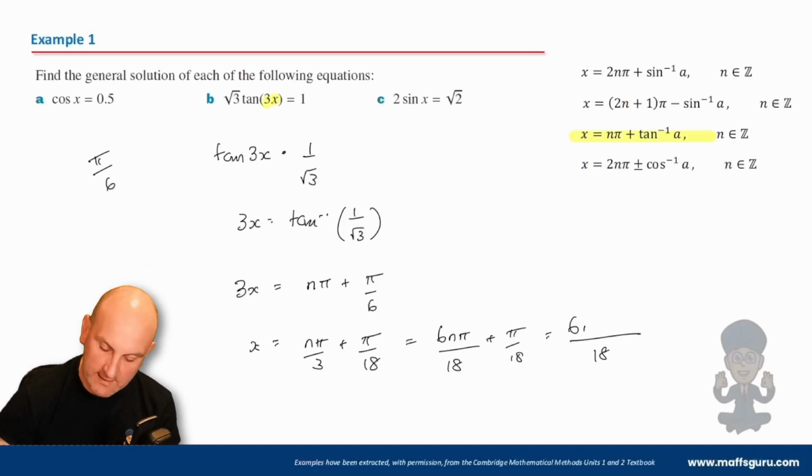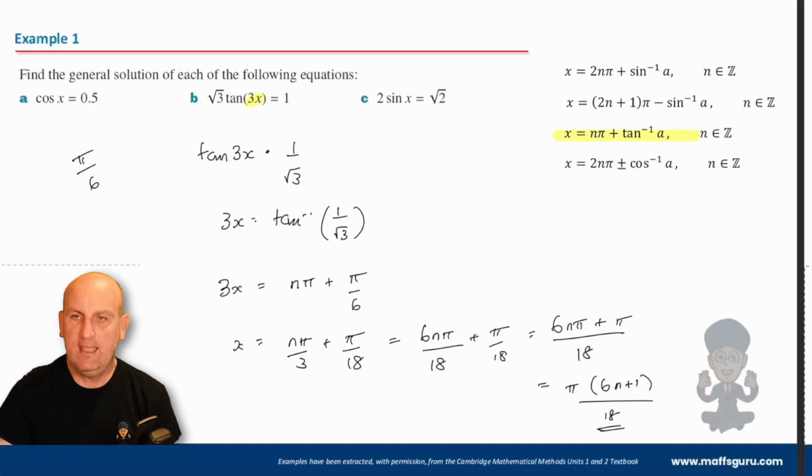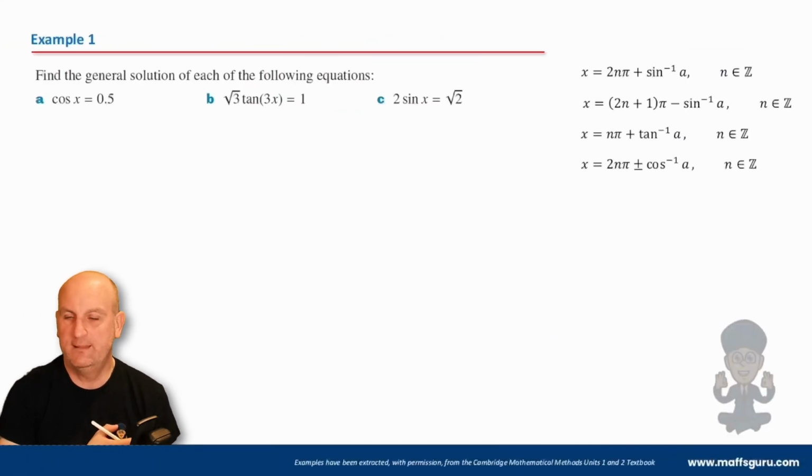So I get 6n pi plus pi, which gives me pi, lots of 6n plus 1, on 18. Easy, really?